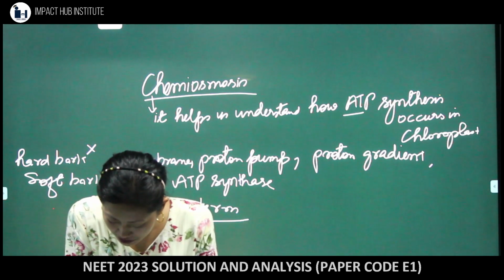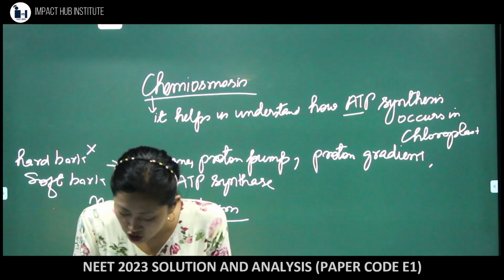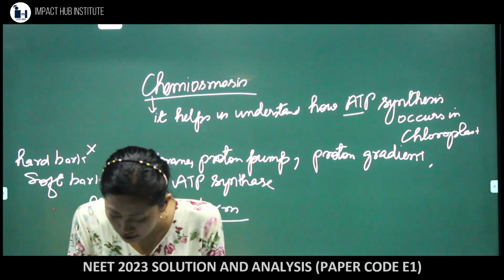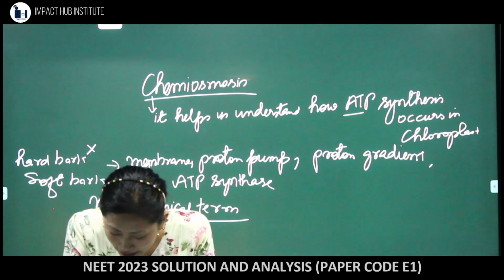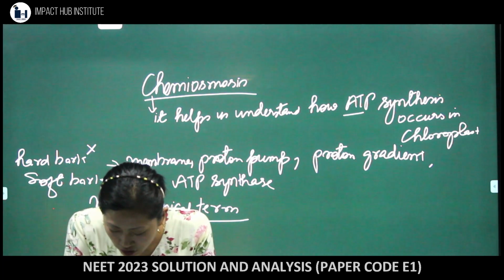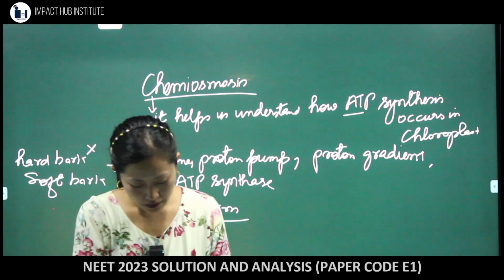Option D, bark refers to periderm and secondary phloem. That is correct. So till now A and D are correct. Option E, phellogen is single layered in thickness. That is also incorrect. So the correct option here is A, lenticels, exchange of gases, and D, bark refers to periderm and secondary phloem. So A and D only.